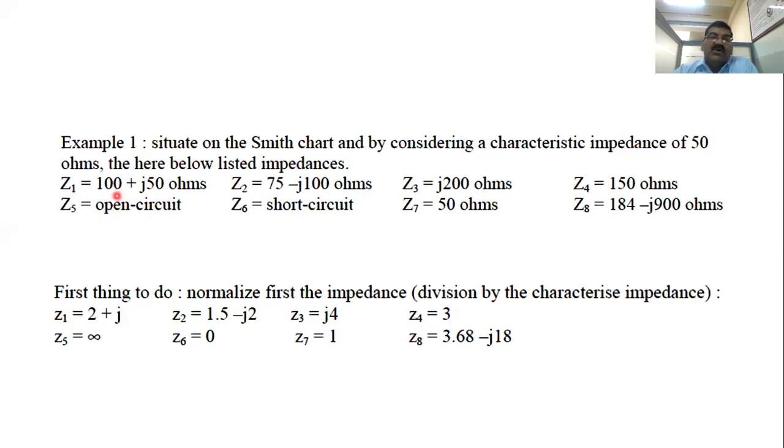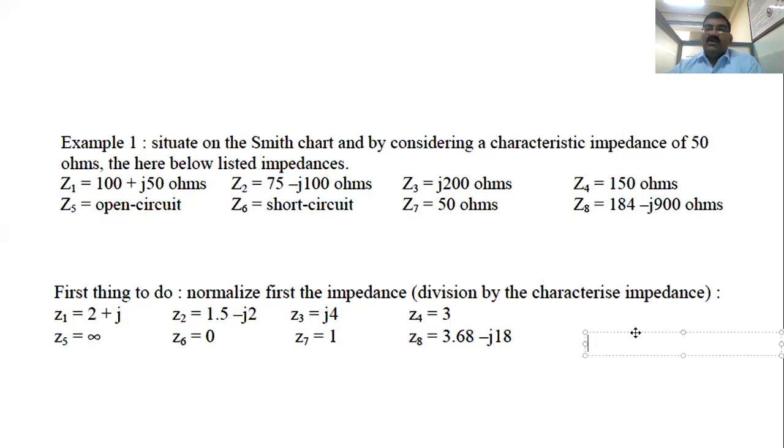If you want to find the impedance on the Smith chart, the characteristic impedance is always given. How much is it? 50. So the characteristic impedance, called Z0, is given as 50.